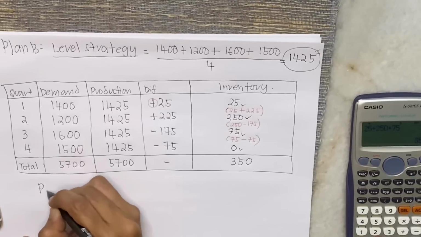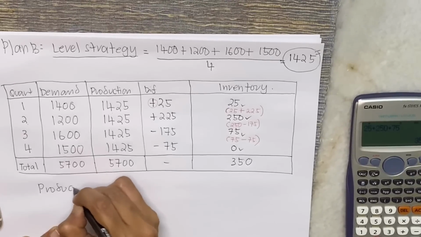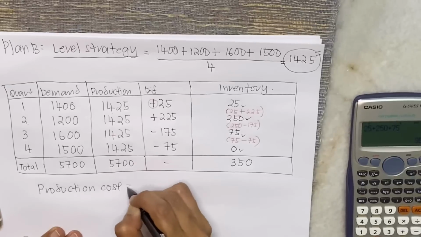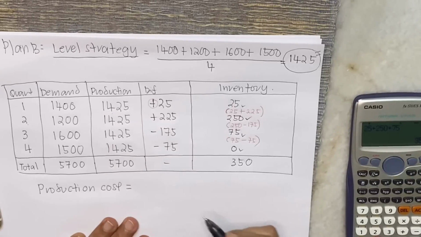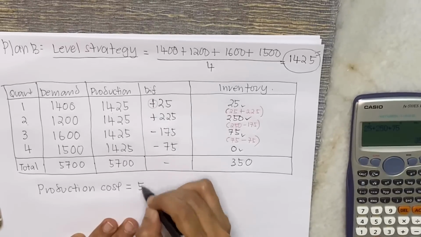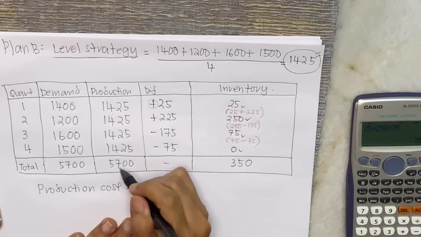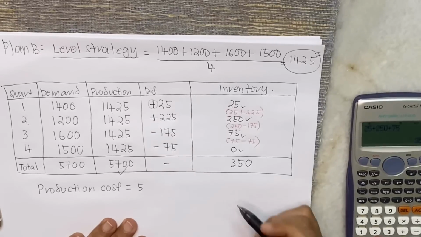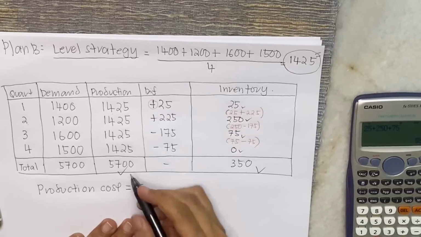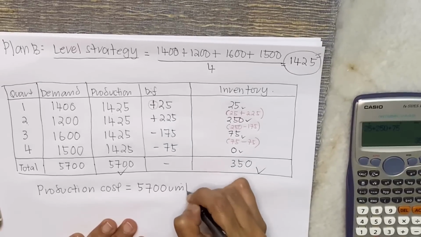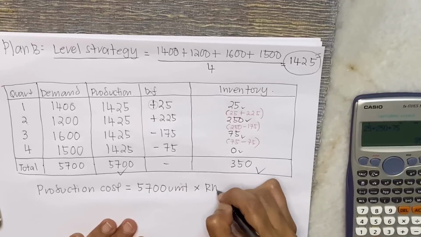Therefore, production cost is, okay, we are going to find the total production cost. So in calculating the total, we have to find the production cost here and the inventory cost here. So 5700 units times RM30.